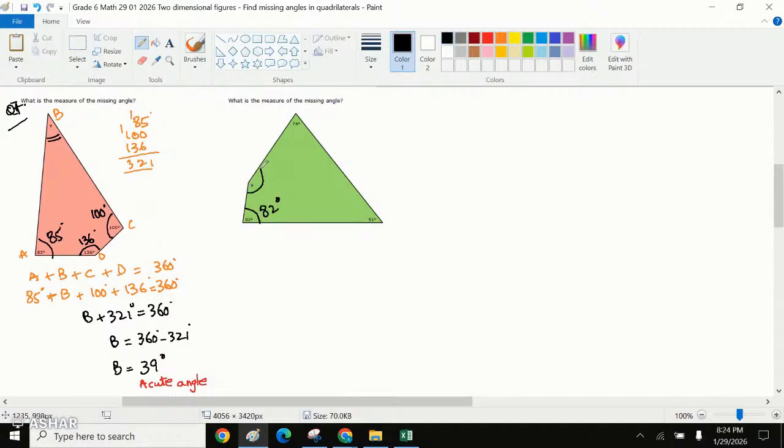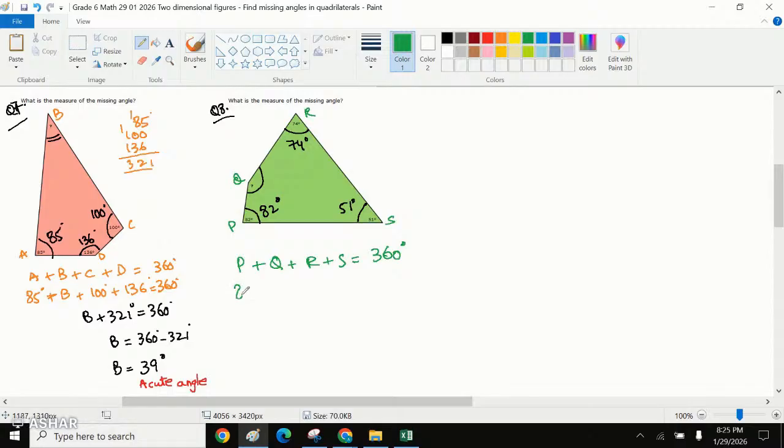82, missing angle, 74, and 51. So question number 8, we can always label this as P, Q, R, S. I can say P plus Q plus R plus S should be equal to 360 because it's a quadrilateral.